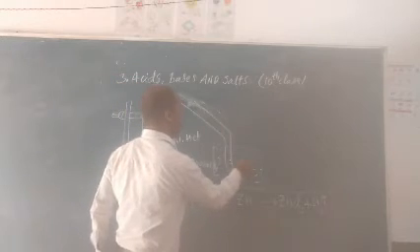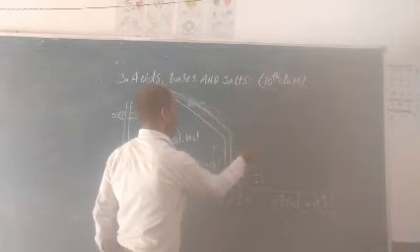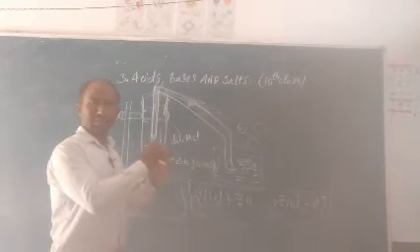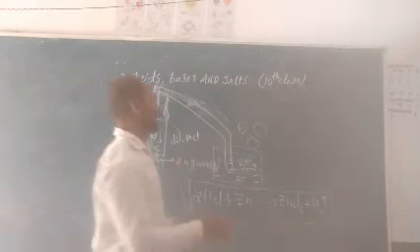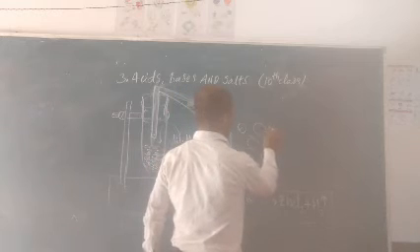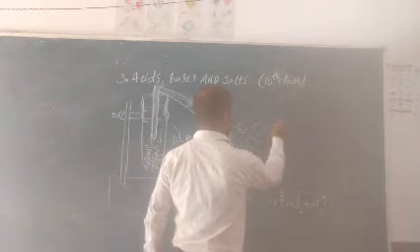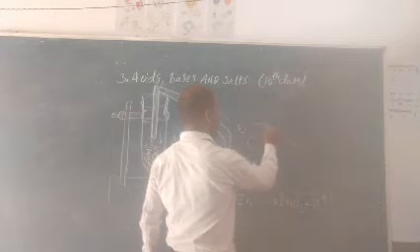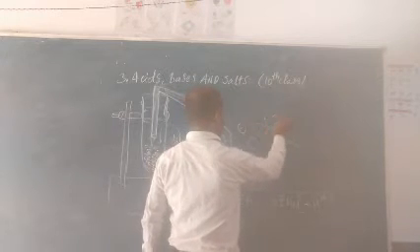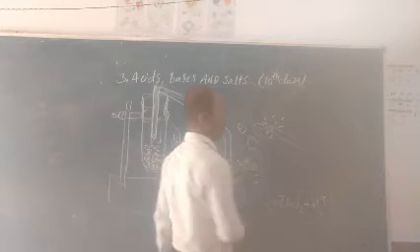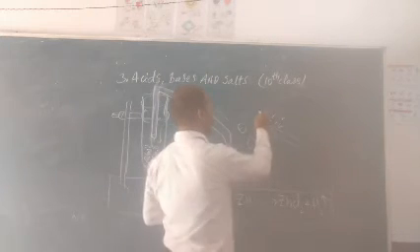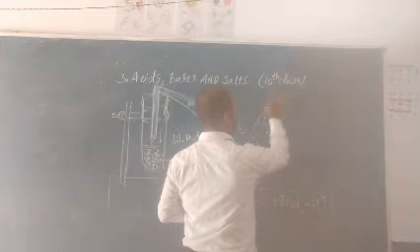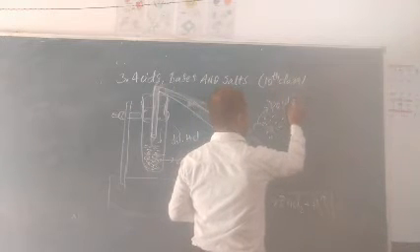This H2 gas comes out through the soap solution in the form of bubbles. At that moment, when you bring a lighted matchstick towards it, the matchstick is put off with a pop sound.